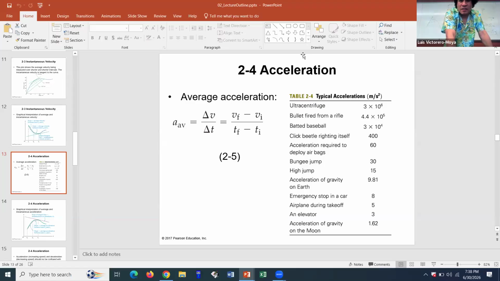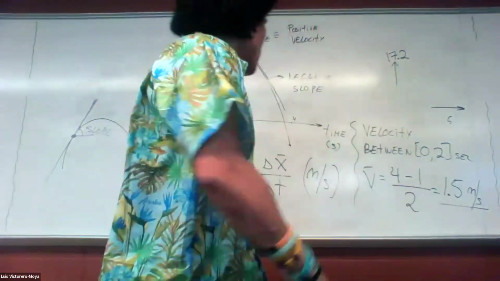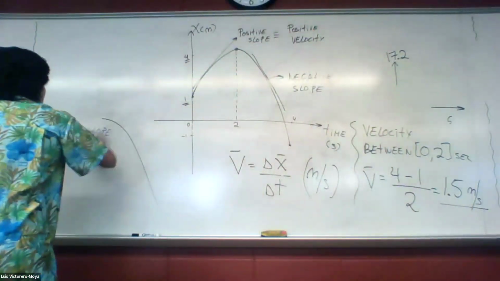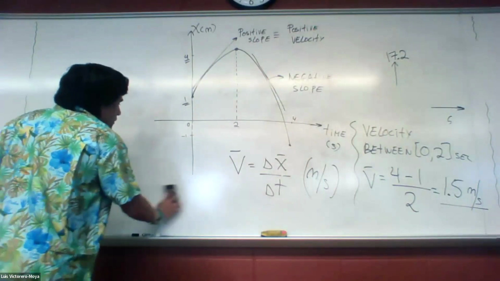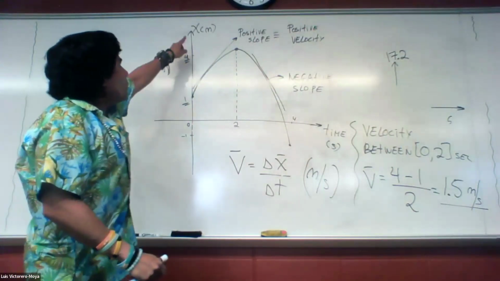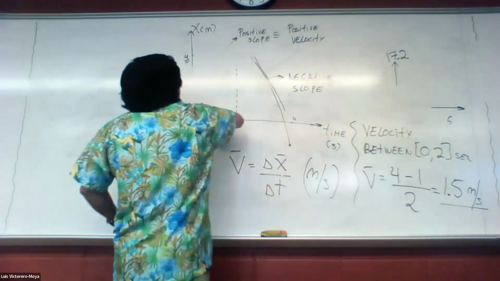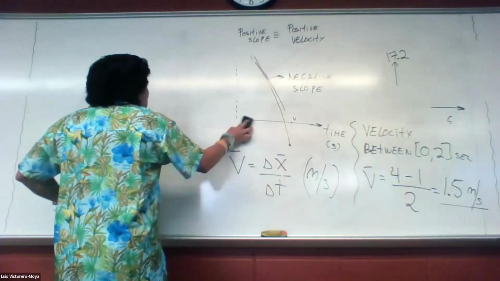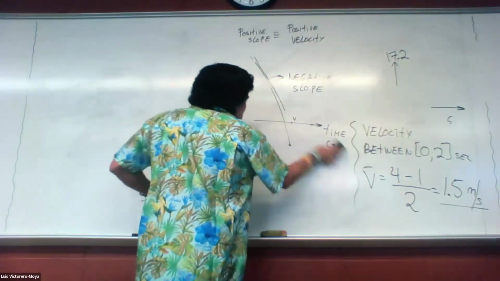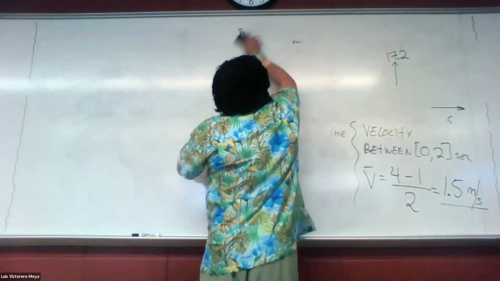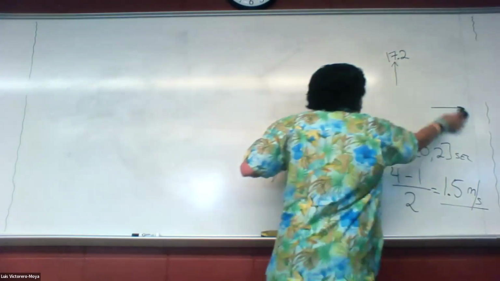The thing about acceleration is this. You can also do the graphical analysis. For velocity, we do position over time. For acceleration, we graph velocity versus time. So let's see.